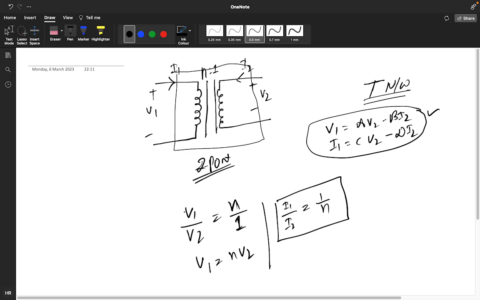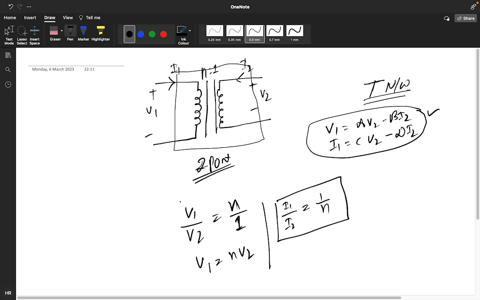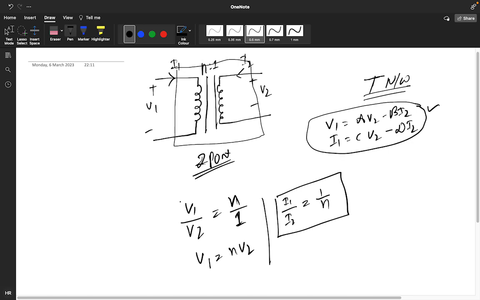V1 by V2. Guys, I'm asking you. See, for a transformer always remember, this concept is very important.